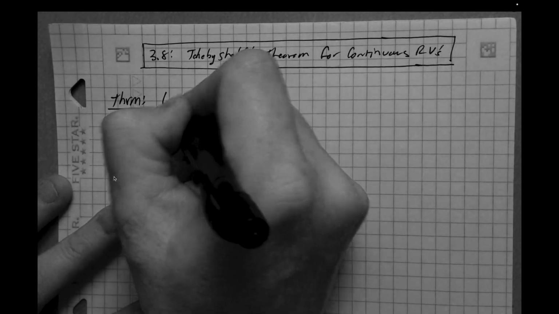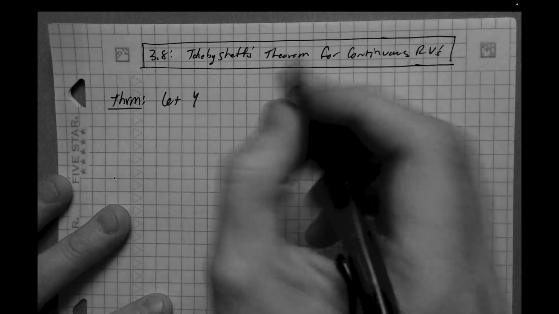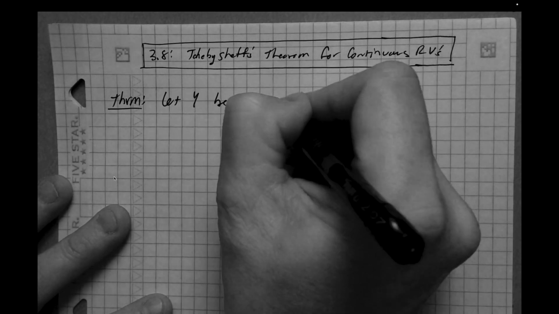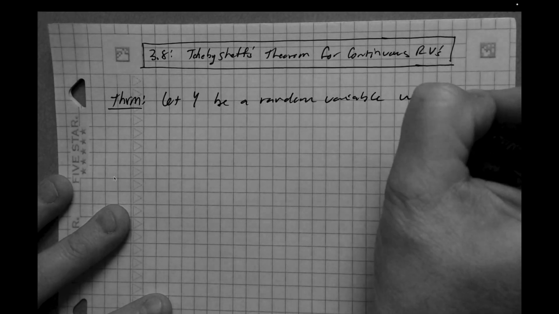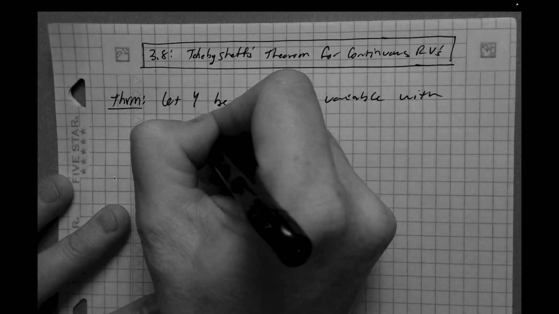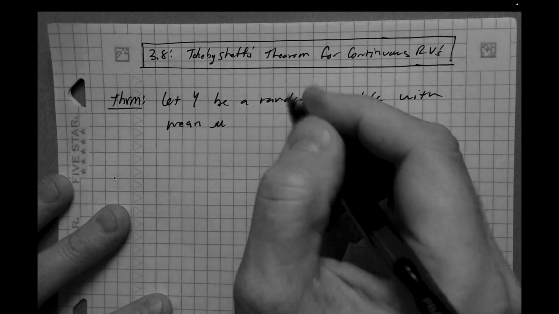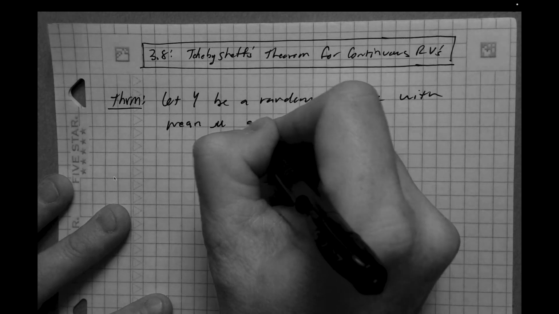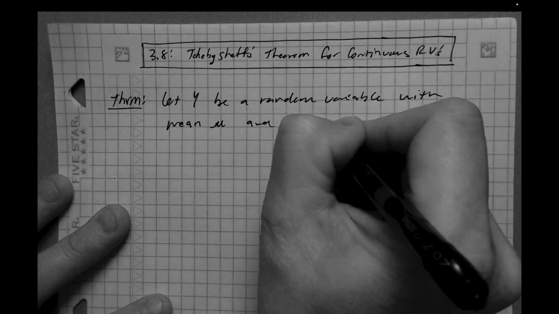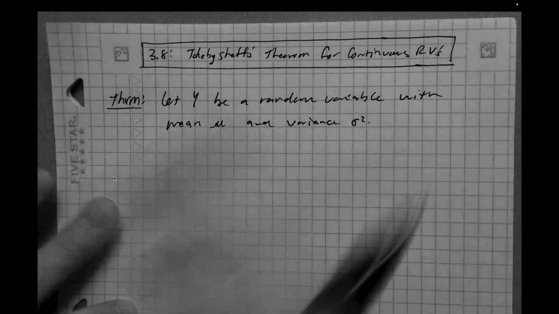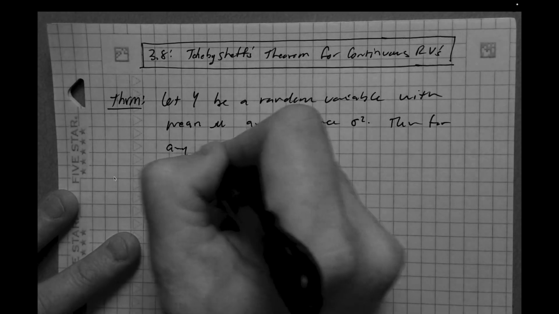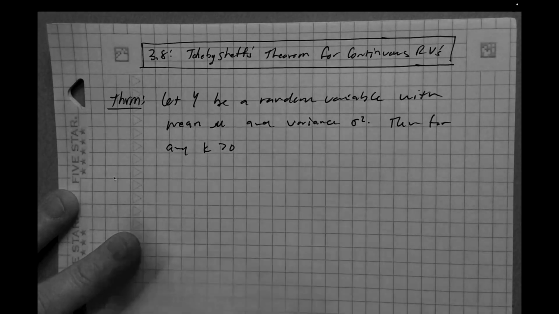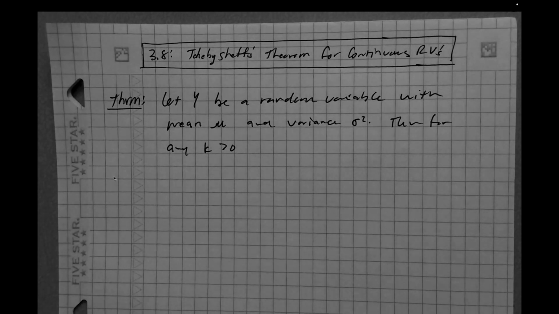So let Y be a random variable with mean mu and variance sigma squared. Then for any k greater than 0, we have the following.